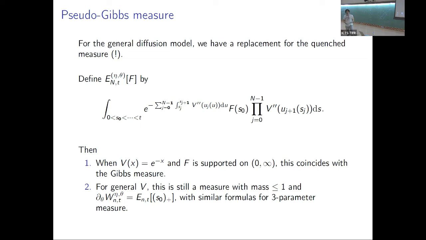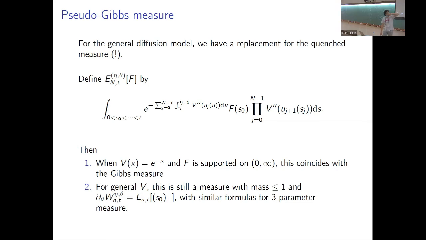This expression is obtained from solving a certain linear ODE, and this linear ODE comes from taking a certain derivative of the equation in the direction of a given function. And what are the features we need from this? If we take a function f, from this random functional, we call it the Pseudo-Gibbs measure. If we apply it to a function f that's supported on 0 infinity, then this coincides with the Gibbs measure.